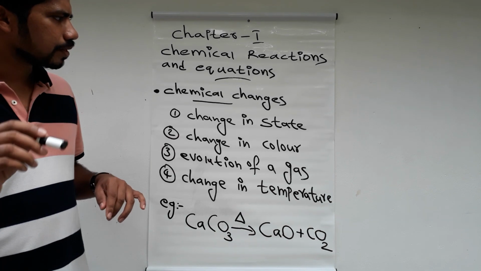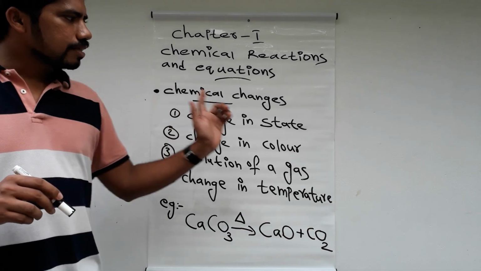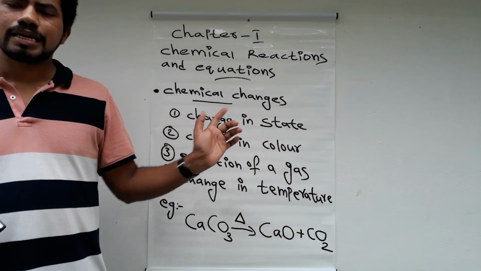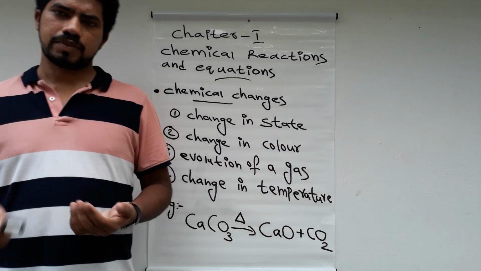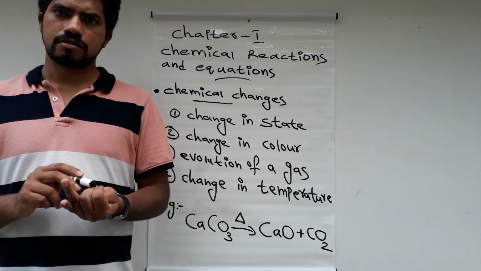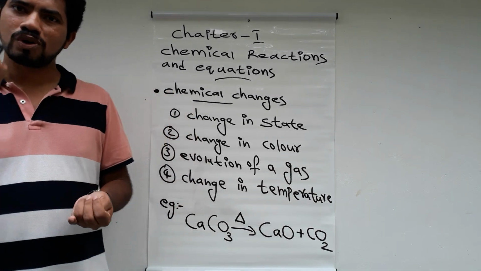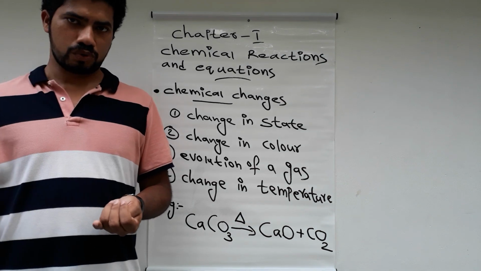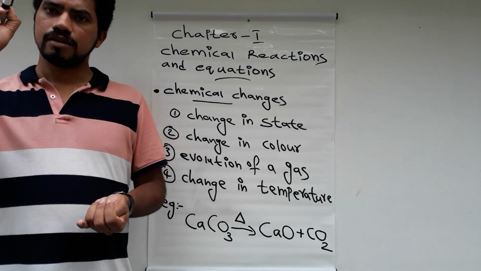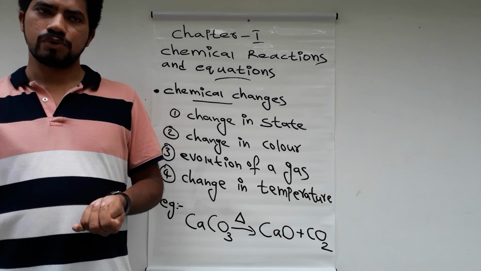You should know some things. The state of a substance is classified into four types: solid, liquid, gas, and aqueous. Aqueous means if a substance is soluble in water, it is aqueous. We can represent it as AQ, aqueous.